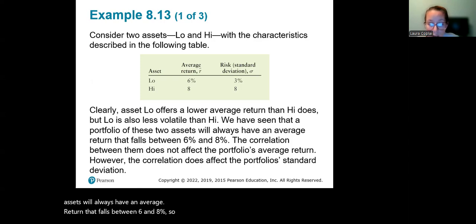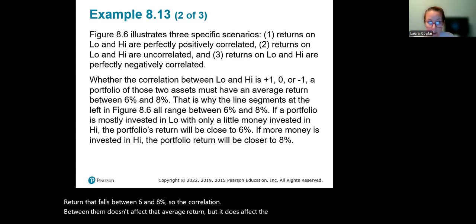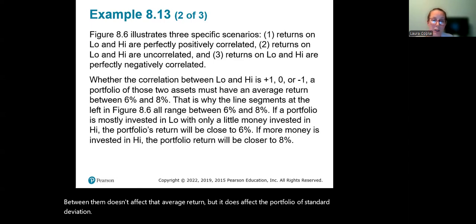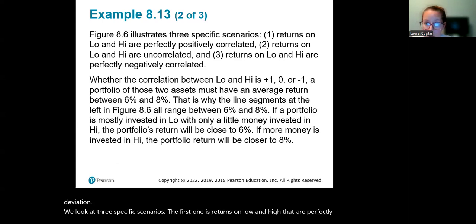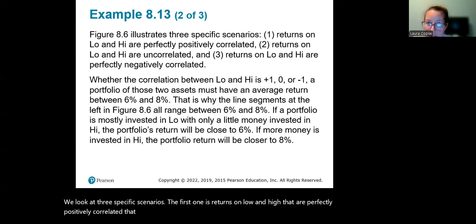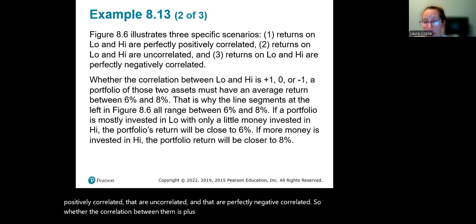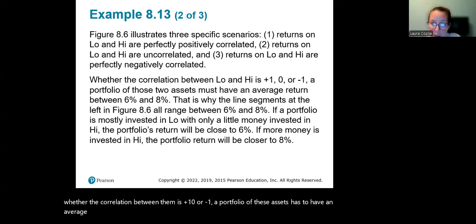The correlation between them doesn't affect that average return, but it does affect the portfolio standard deviation. So we look at three specific scenarios. The first is returns on low and high that are perfectly positively correlated, that are uncorrelated, and that are perfectly negatively correlated. Whether the correlation between them is +1, 0, or -1, a portfolio of these assets has to have an average return between 6 and 8%.